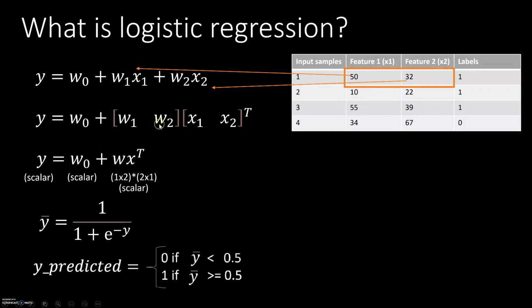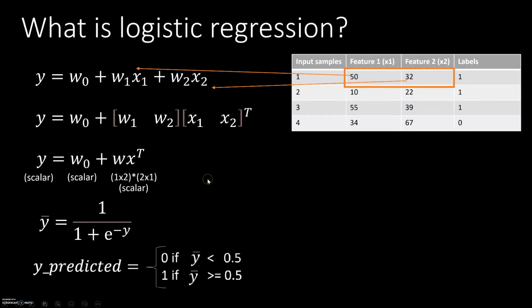When I multiply these 2 matrices, I get W1 x1 plus W2 x2. That's really what this is. And this is the same thing, except that I compressed the matrix W1, W2 into a variable W, and I compressed x1, x2 into variable x. So this is logistic regression in the context of one sample.